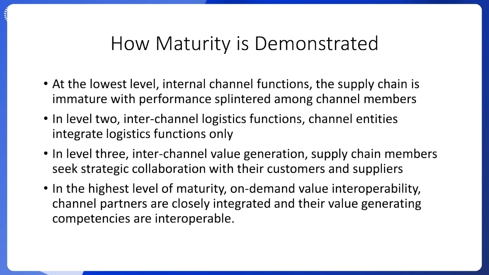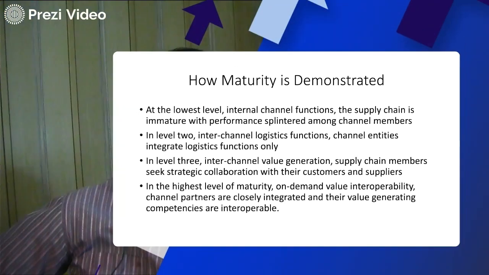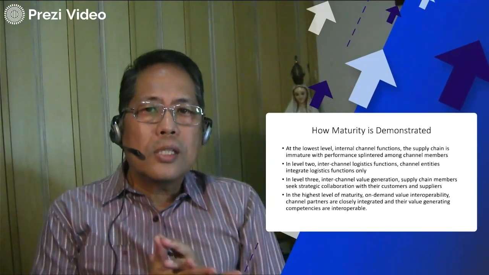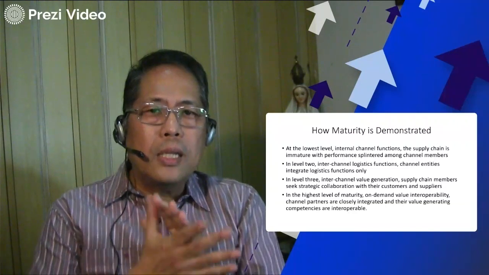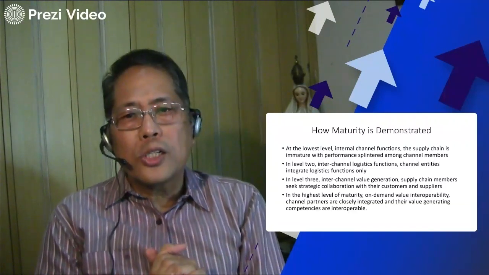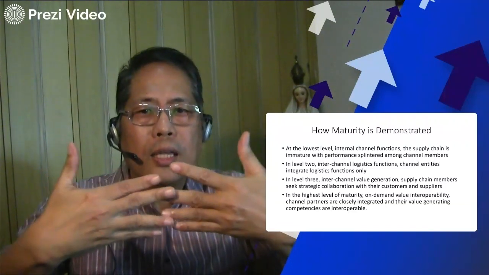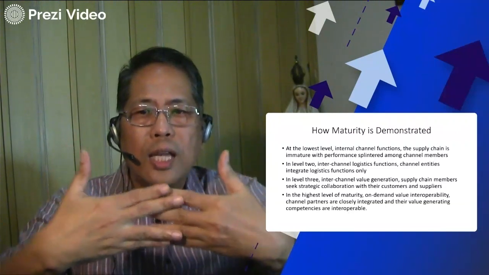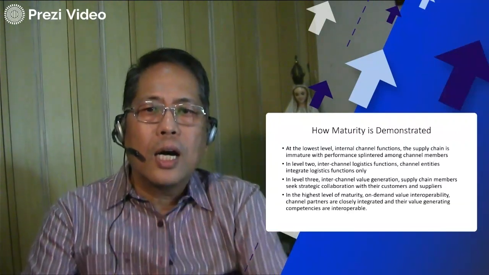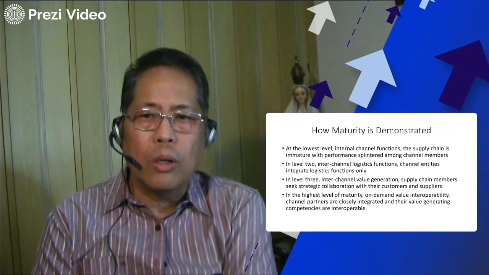In level 3, interchannel value generation, supply chain members seek strategic collaboration with their customers and suppliers. In the highest level of maturity, on demand value interoperability, channel partners are closely integrated and their value generating competencies are interoperable.